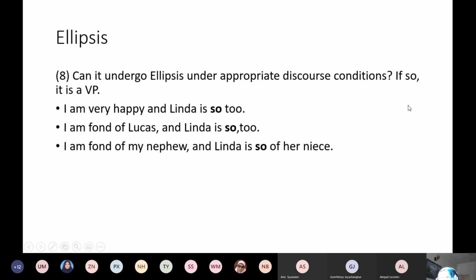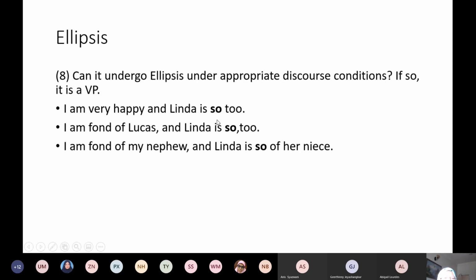Another one is ellipsis. Can it undergo ellipsis? Ellipsis is basically you drop, you gugurkan. Can it undergo ellipsis under appropriate discourse condition? So you say, I'm very happy and Linda is so too.